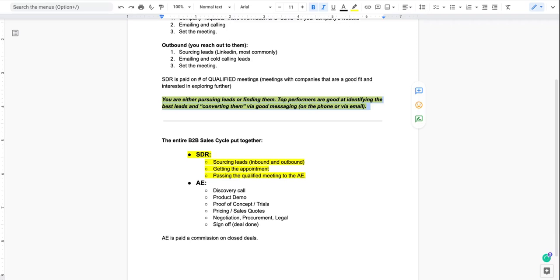And that could happen either via phone, aka cold calling, or via email. So, just to drill down into that a little bit more, as an SDR, you're going to get really good at identifying what a good prospect looks like, what a good potential client looks like, versus what a bad client looks like.